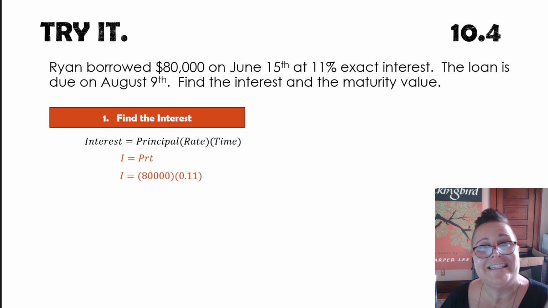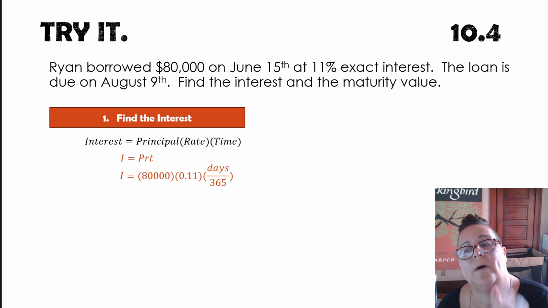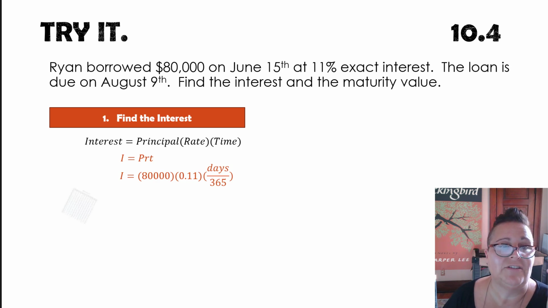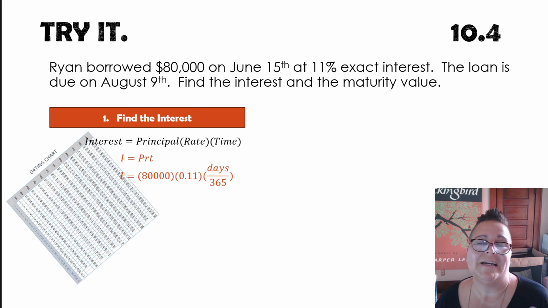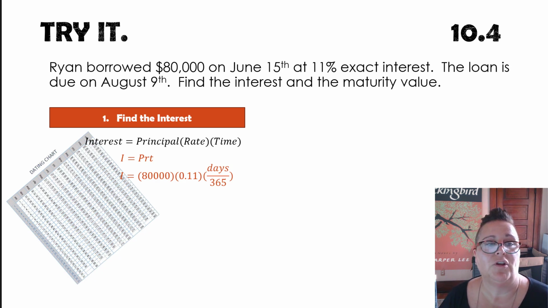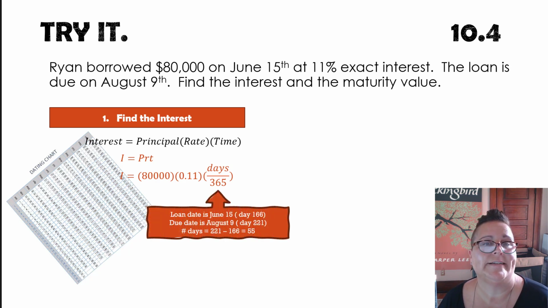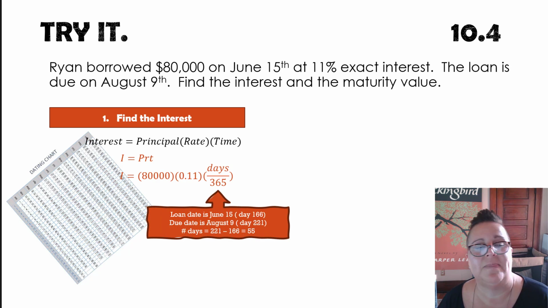The days, it's exact interest, so I know those days will be out of 365, but I don't know what those days are. I know the loan date is June 15th, and I know the due date is August 9th. So on my dating chart, I'm going to look up June 15th, and I'm going to find that that's day 166. I'm going to look up August 9th and see that that's day 221.